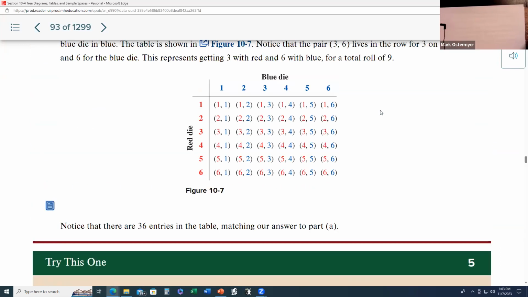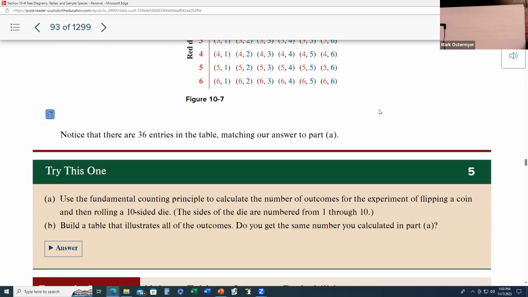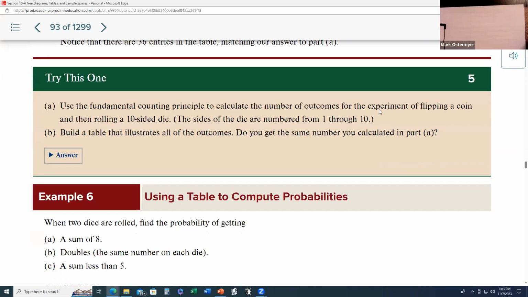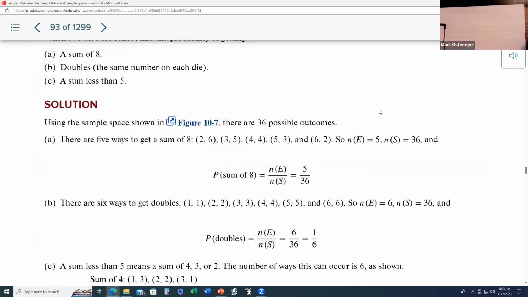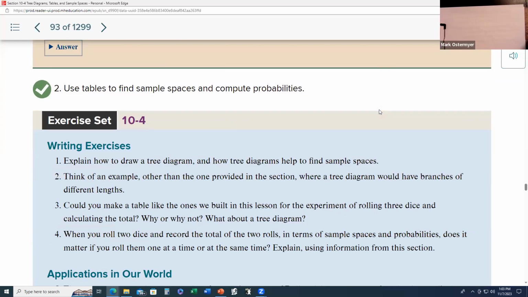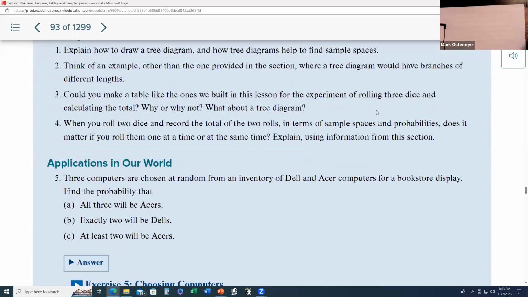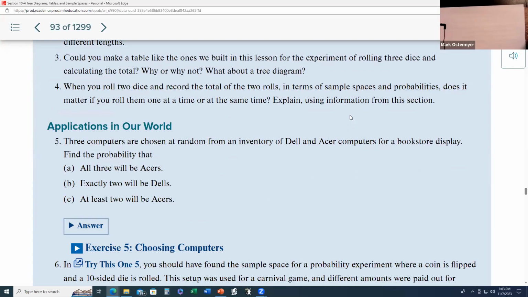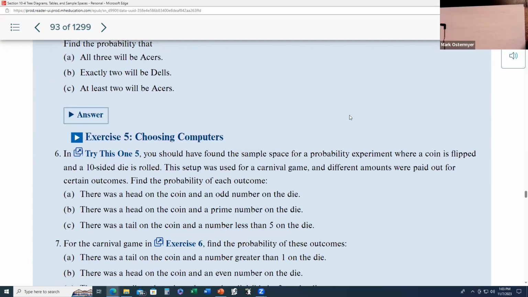You can see some of these things are repeats that we looked at on the PowerPoint. All right.